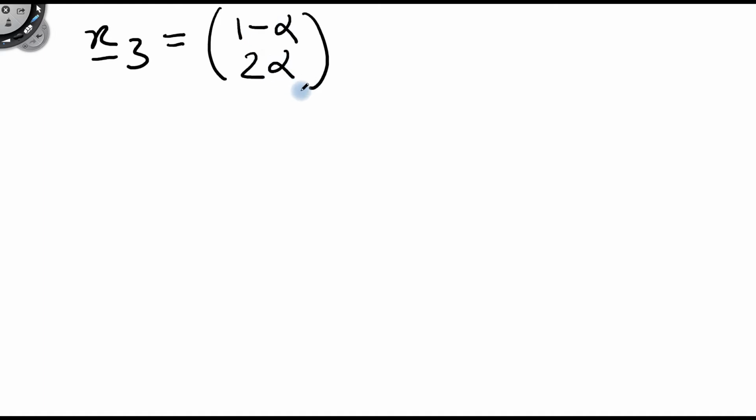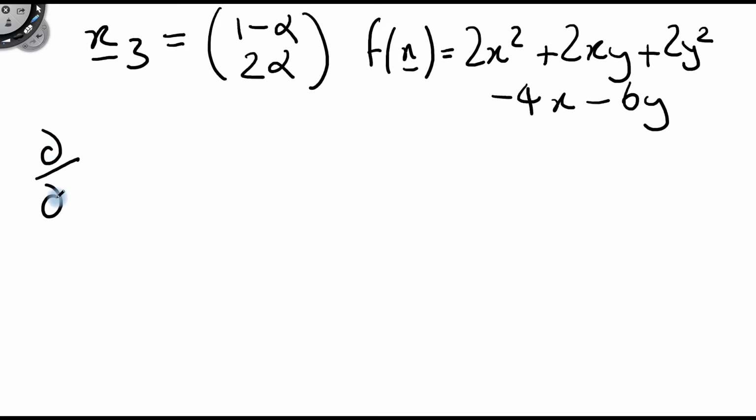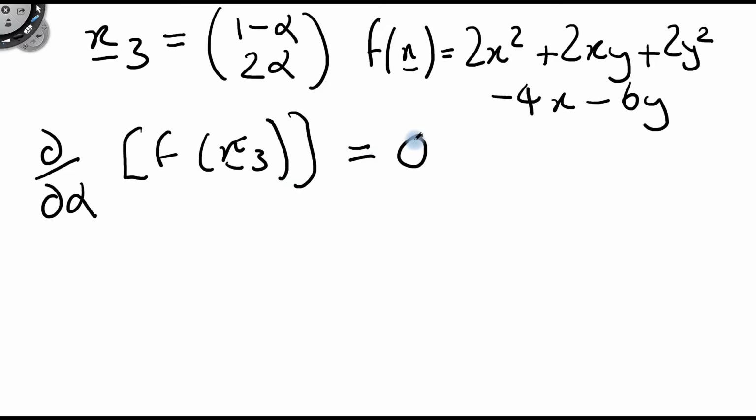And remember that your function f of x equals 2x squared plus 2xy plus 2y squared minus 4x minus 6y. So all we're doing is taking x, which is 1 minus alpha, plugging it in there, y is 2 alpha, plugging it in there, and then we're going to minimize. So we set up the whole thing: d by d alpha of f of x3 is going to equal 0.